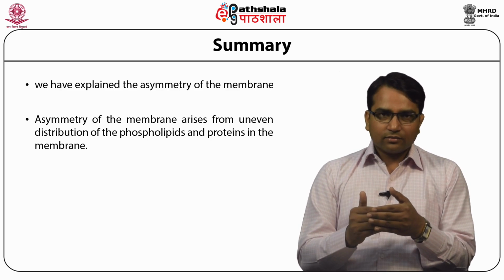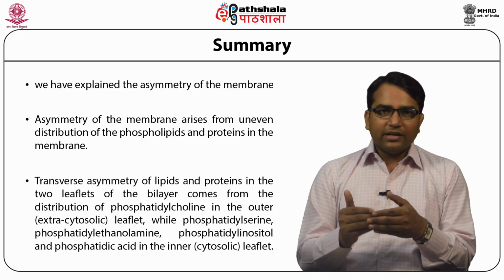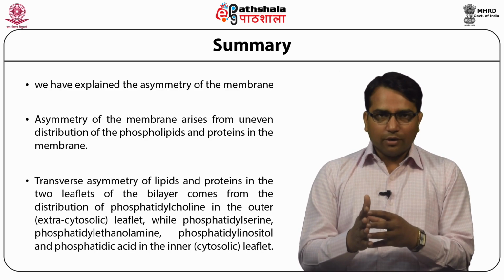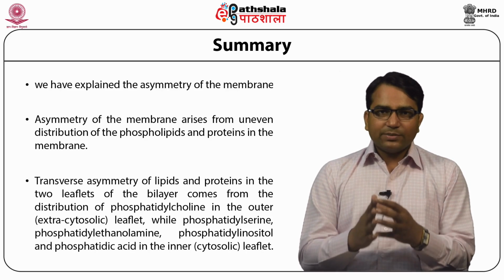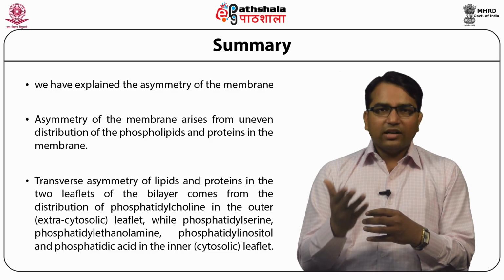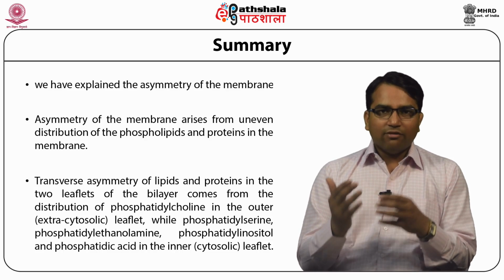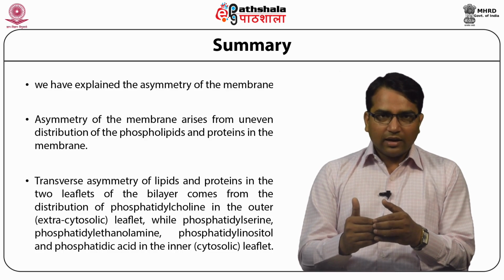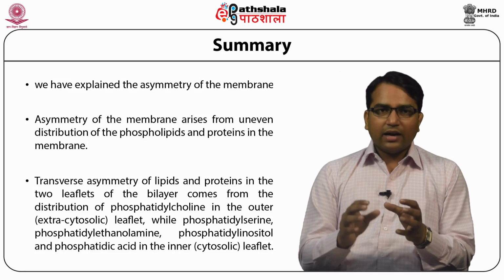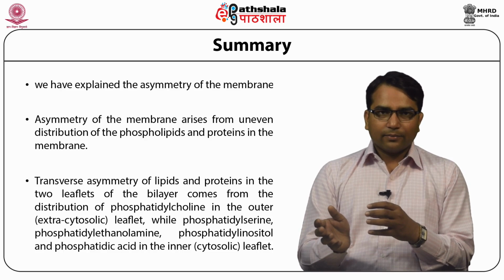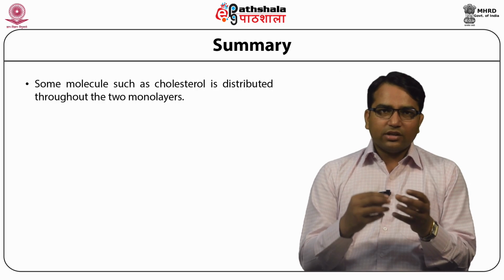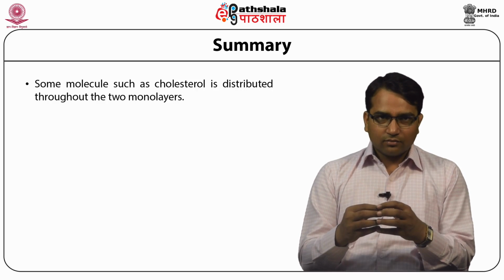We have discussed that the asymmetry of lipid and protein in the two leaflets of the bilayer comes from the distribution of phosphatidylcholine in the outer leaflet, while phosphatidylserine, phosphatidylethanolamine, as well as phosphatidylinositol and phosphatidic acid are in the inner leaflet. Some molecules such as cholesterol are distributed throughout the two monolayers.